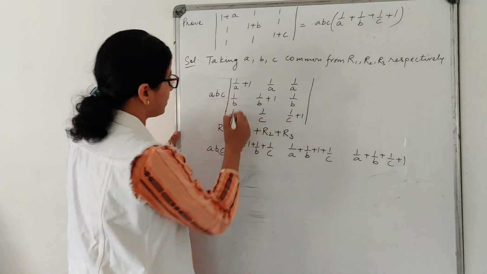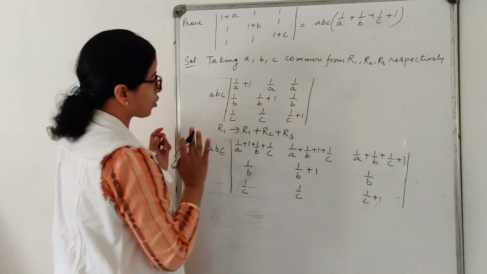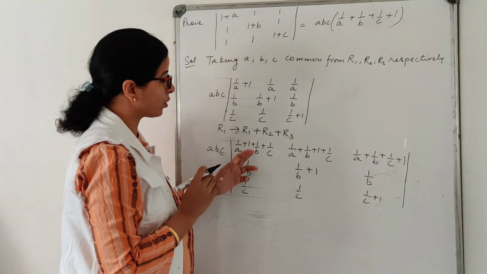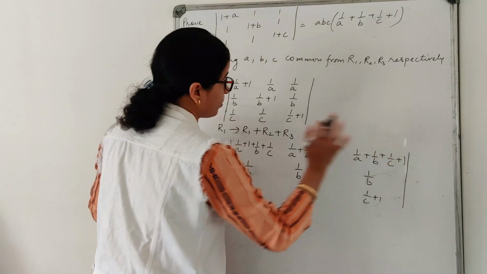Right, and the other rows will be written as it is. Now I will take out common from row 1, 1 upon A, 1 upon B, 1 upon C plus 1, because it is common throughout.